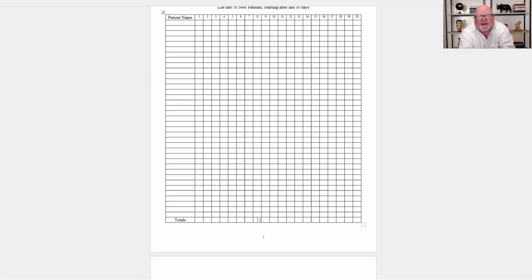Now, the bad news about this, if you're losing patients between day 8 and 12, it usually indicates that you have a bad system. It says they're not accepting your patient education. Whatever business model you're using, they're not accepting it. That's what it says. So usually you got to change your business model.